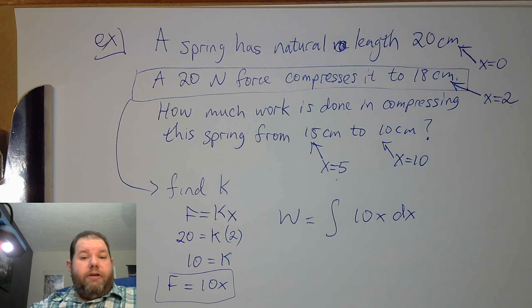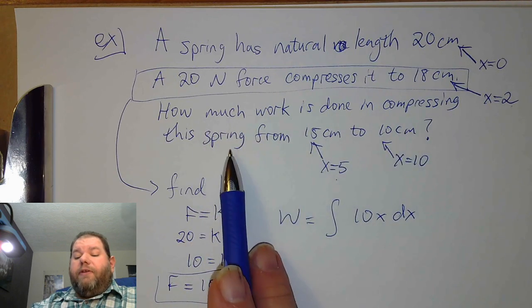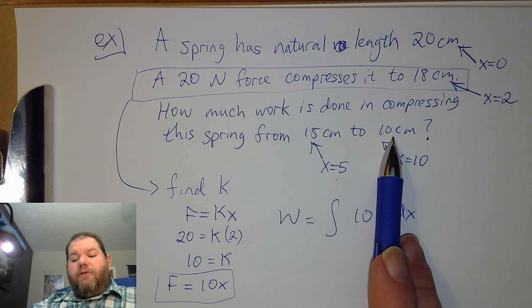The other thing that we need to focus on is what are the limits of integration? Well, we know we're trying to find how much work is done in compressing the spring from 15 centimeters down to 10 centimeters.